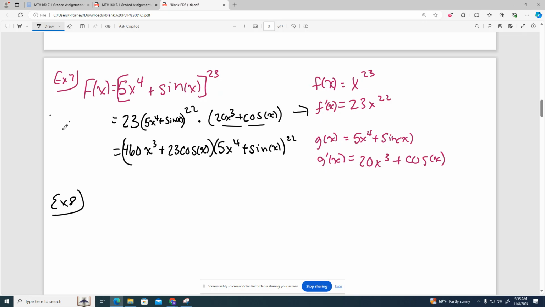Like, so it's 460x cubed plus 23 times cosine. You can't do that. So tell me what you just said. We did it for the other one. So tell me what is raised to the 22nd power on your paper. The 5x. Okay, so you have 5x to the 4th plus sine x to the 22nd.